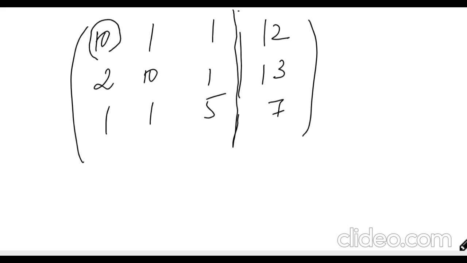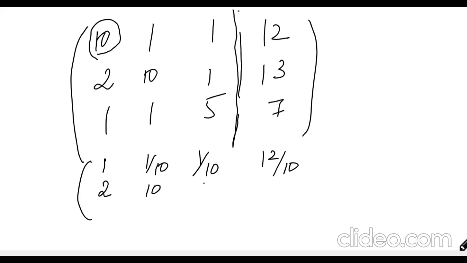First, I'm going to make this element 1 by dividing row 1 by 10. So I am getting 1, 1 by 10, 1 by 10, and then 12 by 10. The remaining rows are as they are, that is 2, 10, 1, 13, 1, 1, 5, 7.